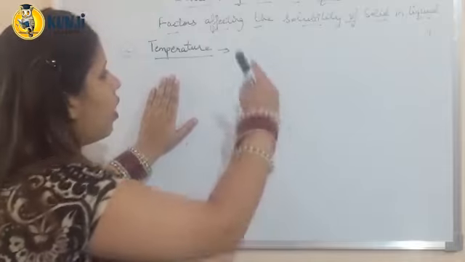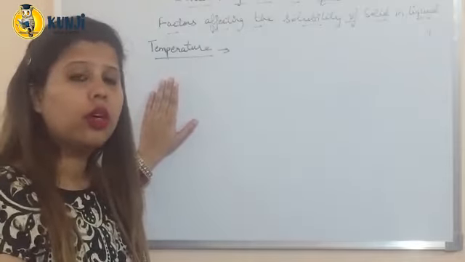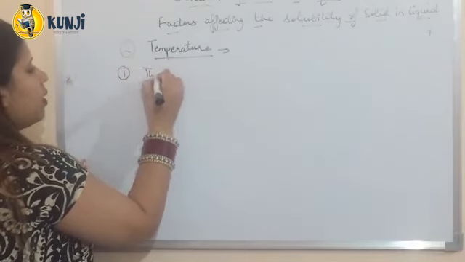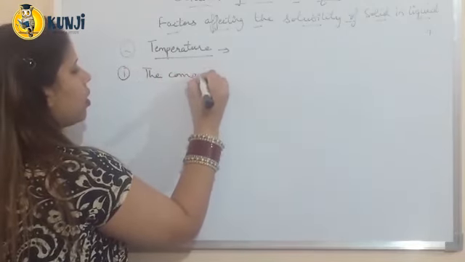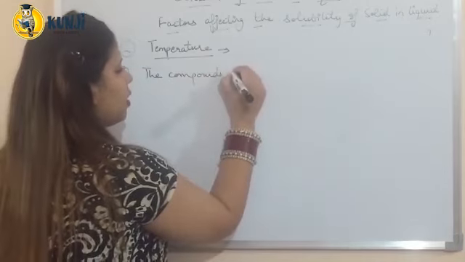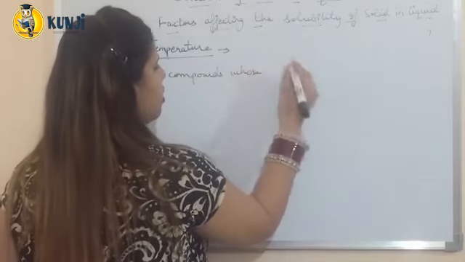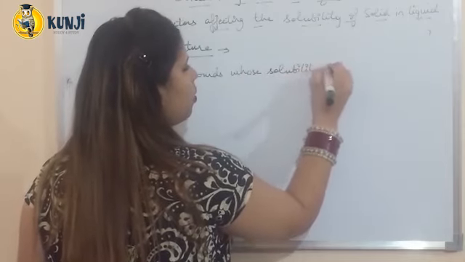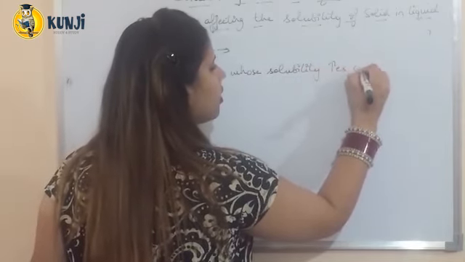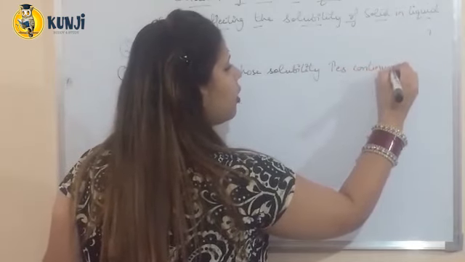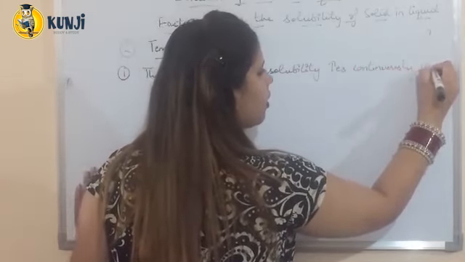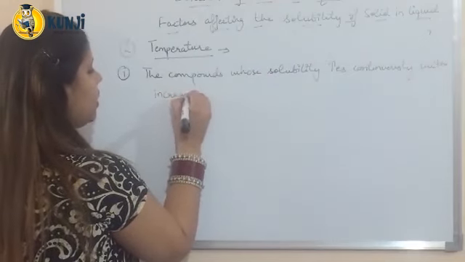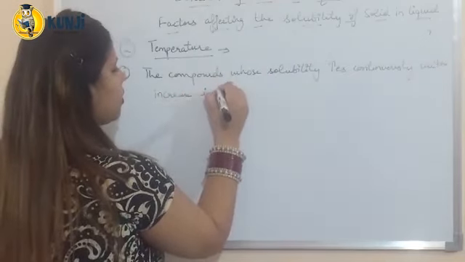The solubility of the solid in liquid is categorized into three categories. Number one category is the compounds whose solubility increases continuously with increase in the temperature.